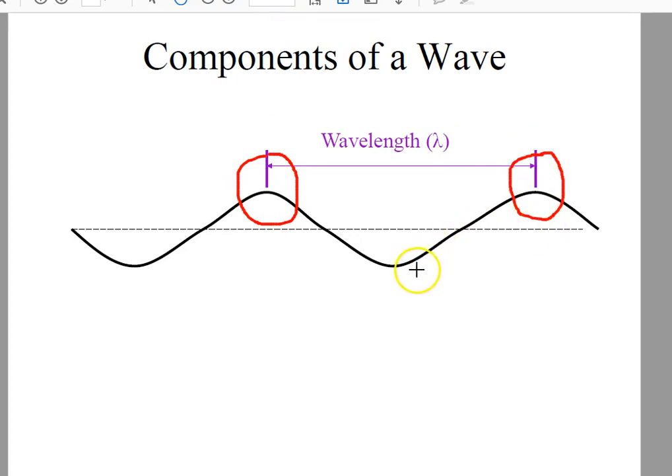It could also be from the trough, which is the low point, to the trough. That length would also be a wavelength. But the properties of a wave really depend on its wavelength, which we'll see as we move into the next slide.